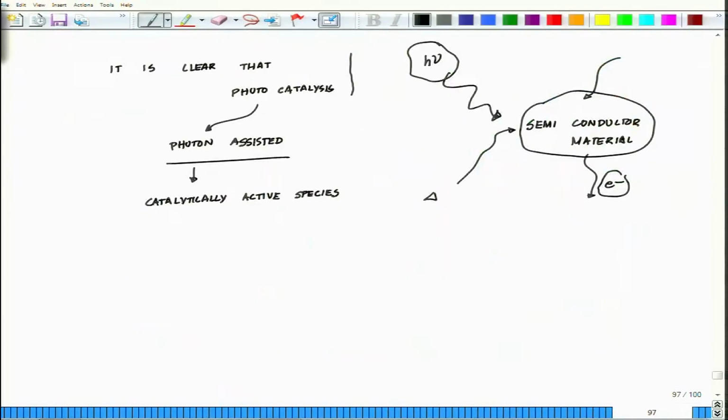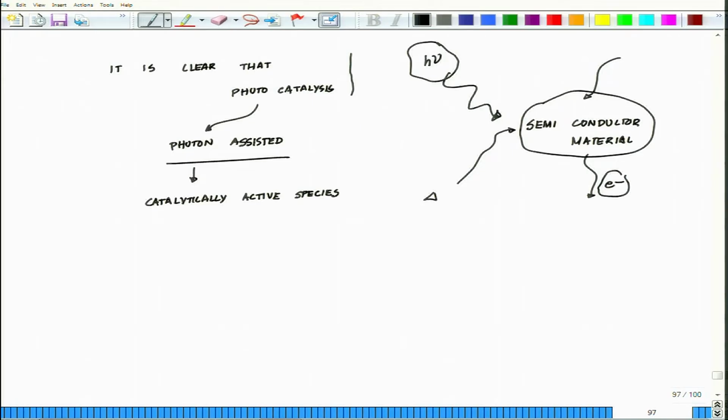Now, if the initial photoexcitation process occurs in an adsorbate molecule which then interacts with the ground state of the catalyst substrate, the process is referred to as catalyzed photoreaction. If on the other hand, the initial photoexcitation takes place in the catalyst substrate and the photoexcited catalyst then interacts with the ground state adsorbate molecule, the process is called sensitized photoreaction.